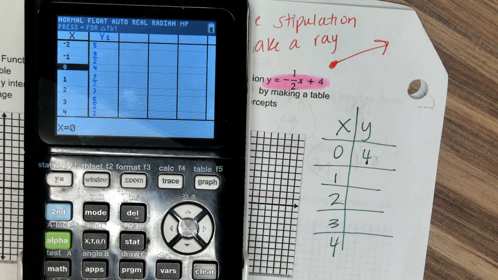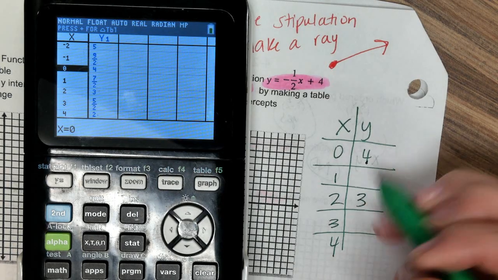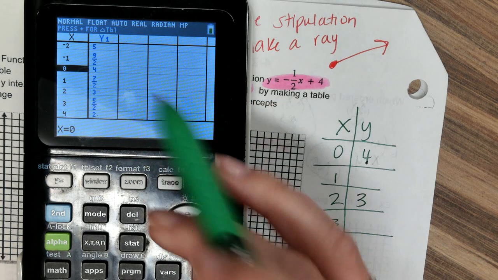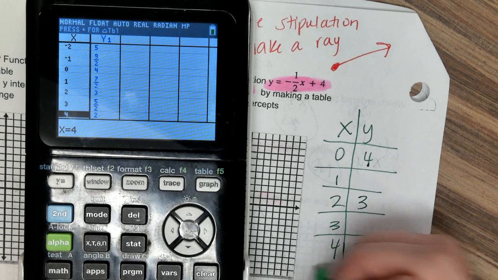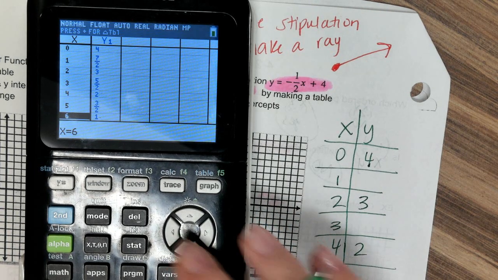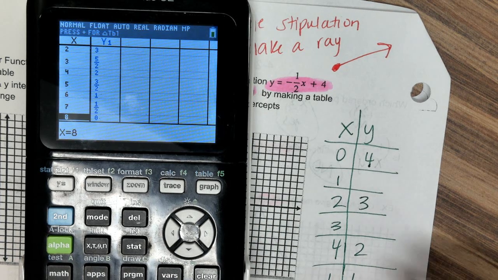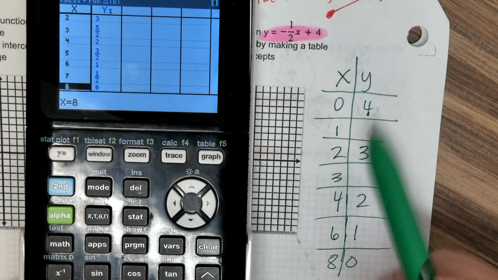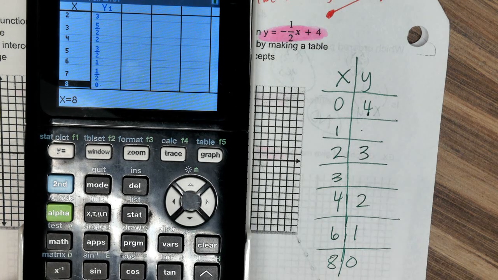I only need like 3 dots, so I'm not even going to put that. When x is 2, y is 3. When x is 3, it's a fraction. I'm not going to do that one. When x is 4, y is 2. Oh, and I'm going to do another one. When x is 6, y is 1. And when it's 8, it's 0. Yes, these points fall on that, don't they? But you don't have to graph them if they're crazy decimals.